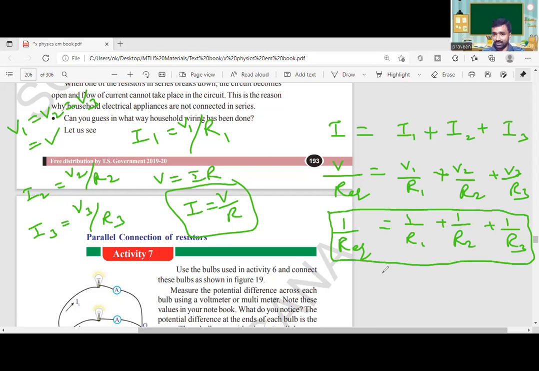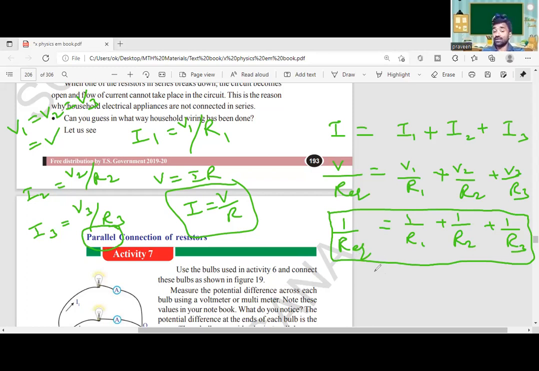So 1 by R equivalent equals 1 by R1 plus 1 by R2 plus 1 by R3. This is the relation between the resistors and the equivalent resistance, in parallel combination. So the parallel combination equivalent resistance we calculate using this relation.